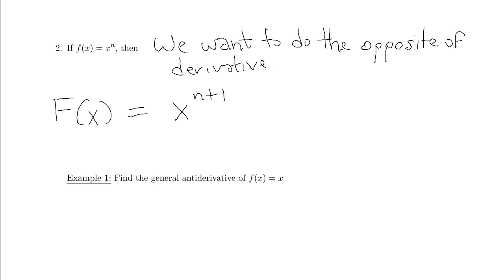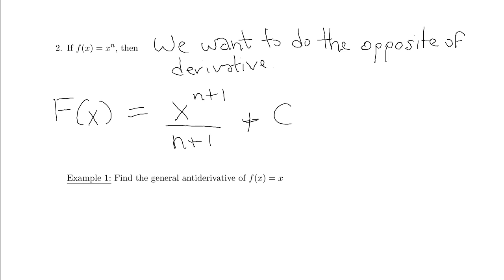And then the other thing that's opposite is that instead of multiplying by our exponent, we're going to divide by our exponent. So we actually get that capital F of x is equal to x to the power of n plus 1 divided by n plus 1, plus some sort of constant. So this is our general antiderivative for a power of x.